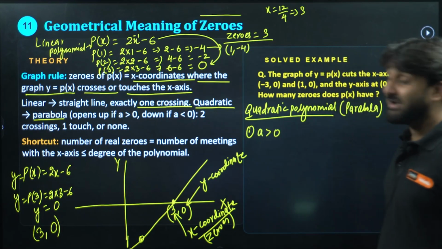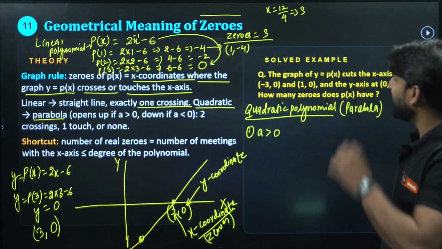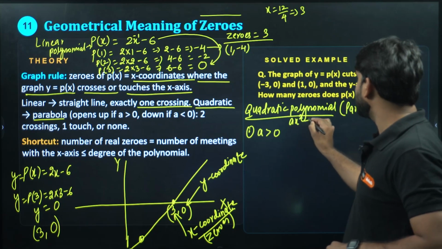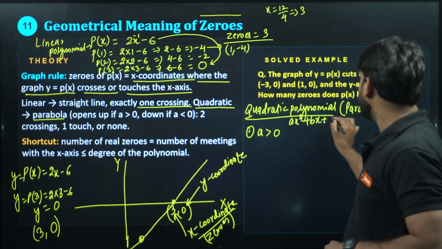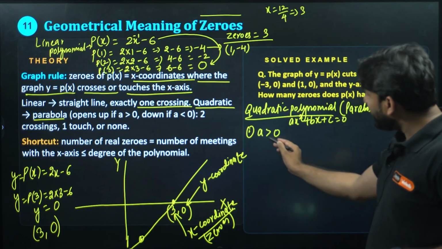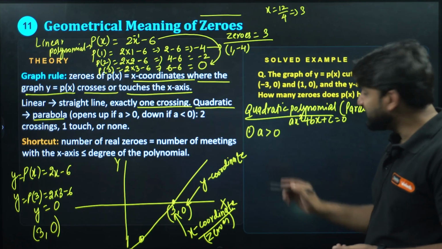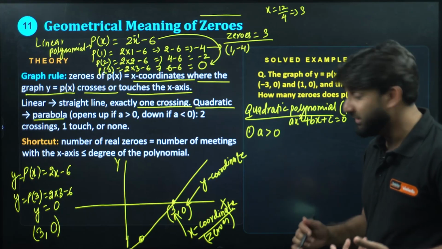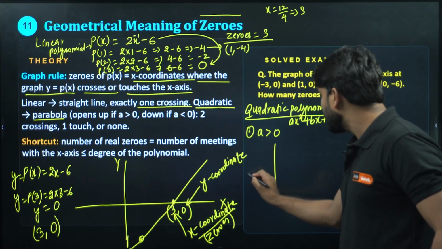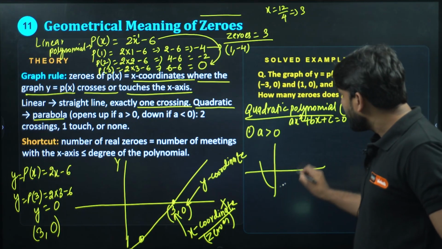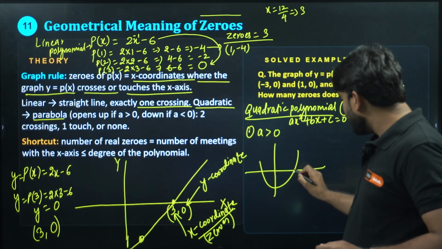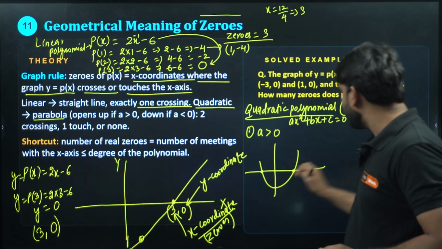If a is greater than 0, and don't get confused, if I'm talking about a quadratic polynomial, this is the general format: ax square plus bx plus c is equal to 0. So if a is greater than 0, meaning the coefficient of x square is positive, when you draw the graph of this polynomial, it will open in the upward direction. But still, how many intersections with the x-axis are there?